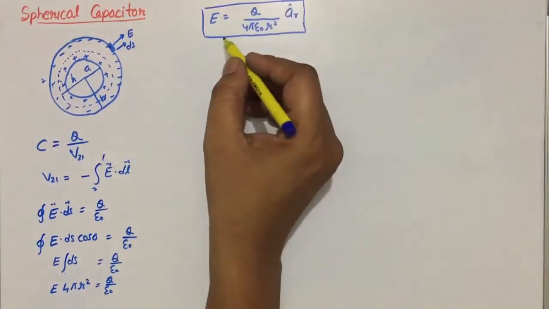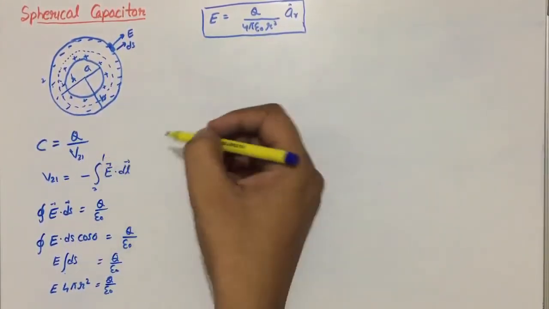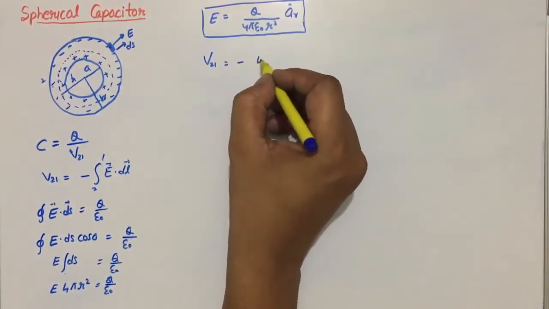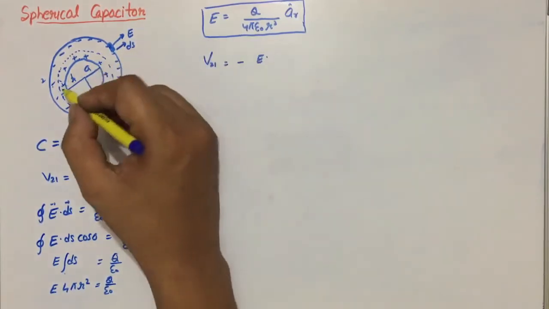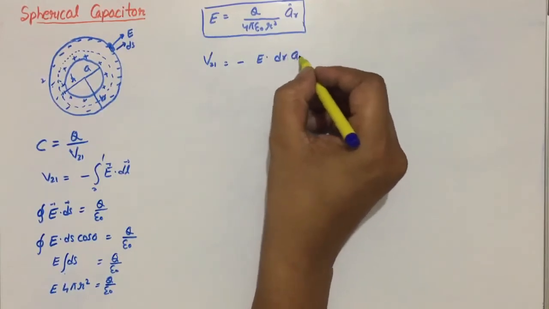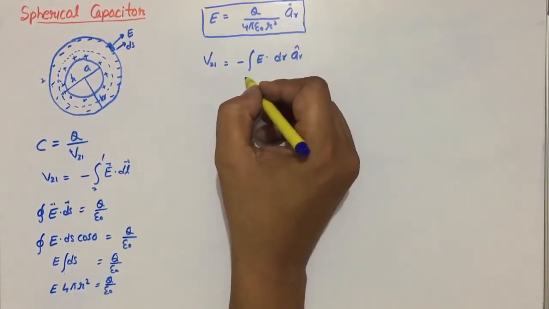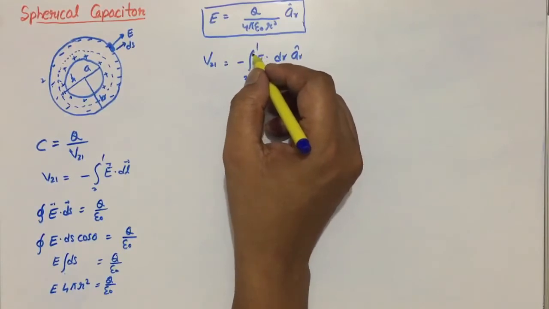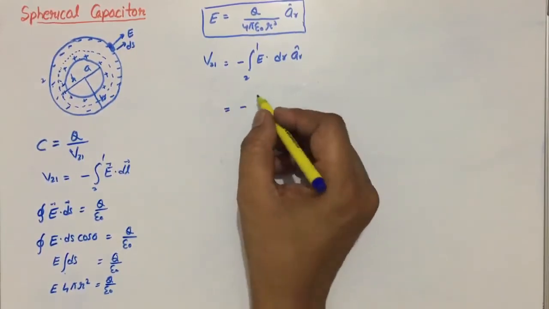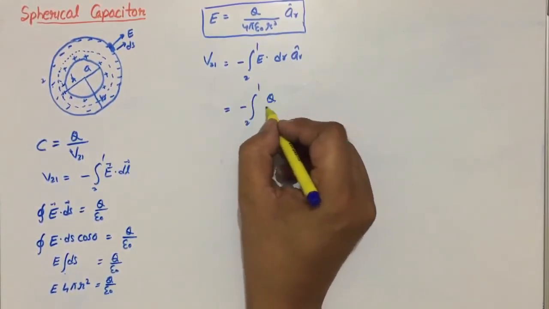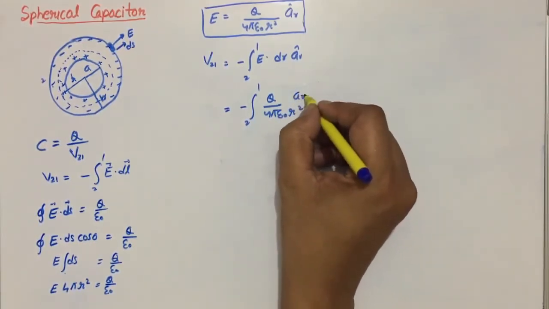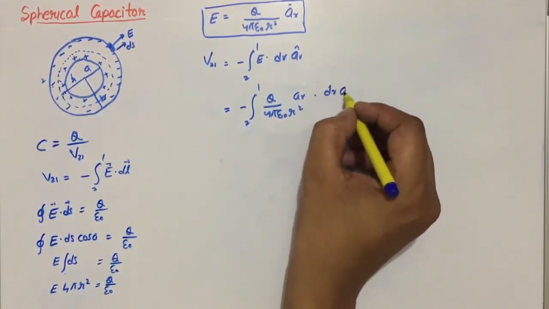And to find V we will put E here and find the V. So the potential difference will be minus this term dot dl. dl is nothing but dr in the direction of ar. Now put the value of E from here and we get q by 4 pi epsilon naught r square ar dot dr ar.